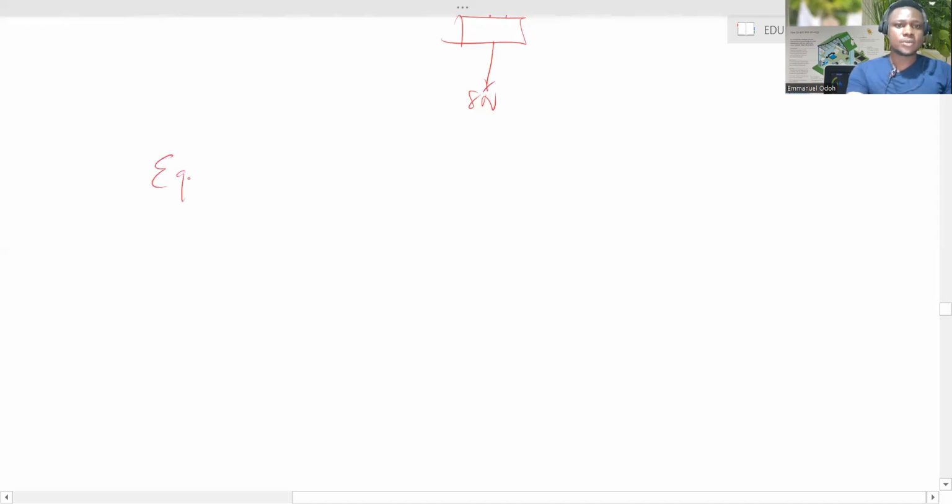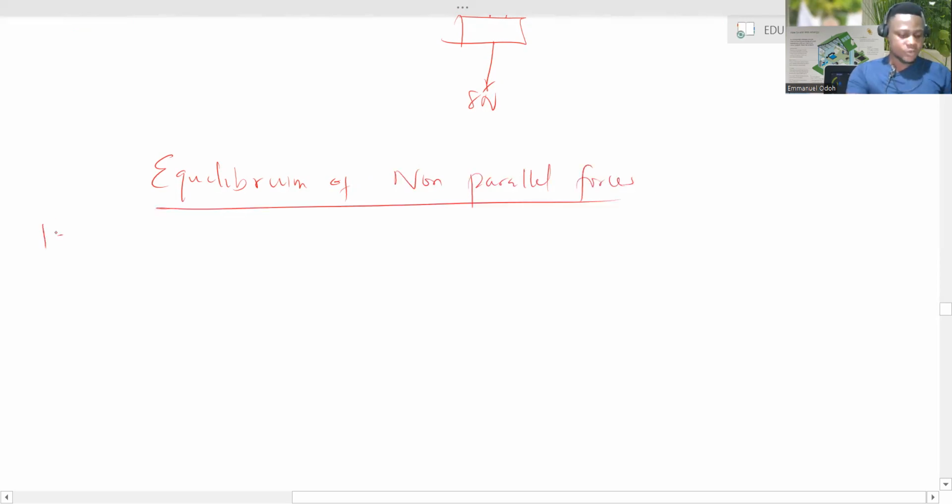Let's look at equilibrium of non-parallel forces. So for non-parallel forces, we have that they must be coplanar.